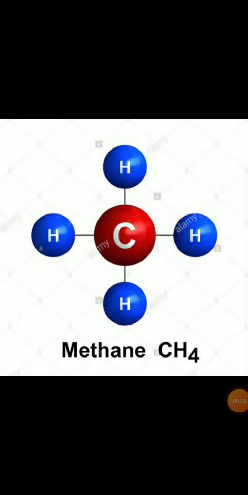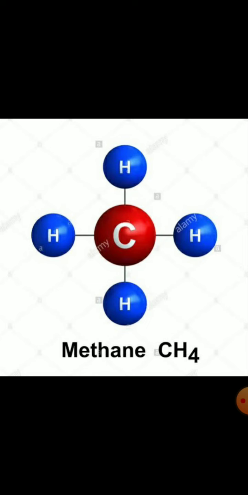In our previous session, we have already seen the structure of methane. The formula of methane is CH4, and this is the structure of methane. We can clearly see that between carbon and hydrogen there is a single bond.